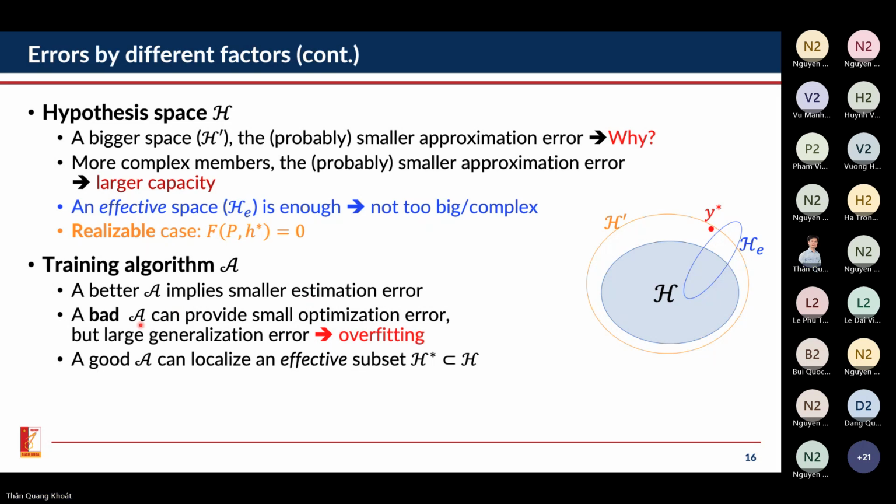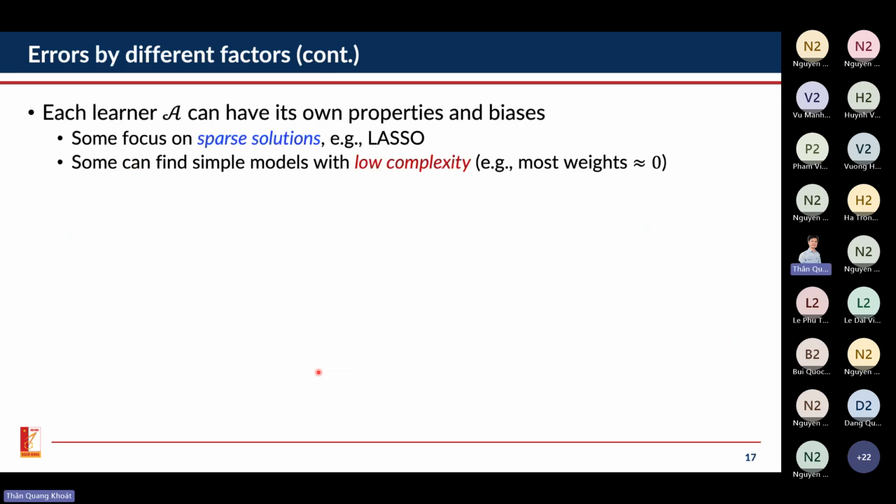So in that case, the learner can be very bad. Okay. And a good learner should localize a subset of the model space so that in that area there exist many good models, and then it can return a good model, right? That is a good learning algorithm. In practice, we may have many different kinds of learners.